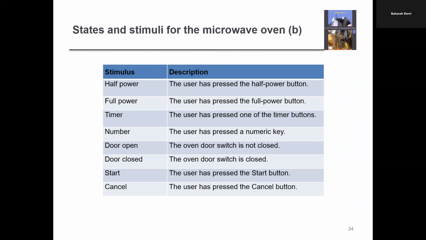Here we also have the stimuli for the microwave oven example, with a stimulus and a description. For example, for half power, the user presses the half power button, and for full power, the user presses the full power button, and so on.